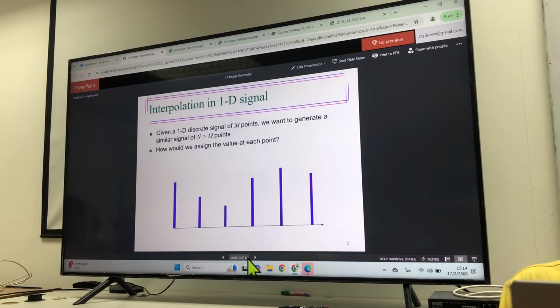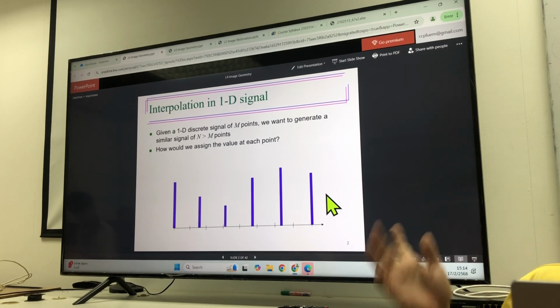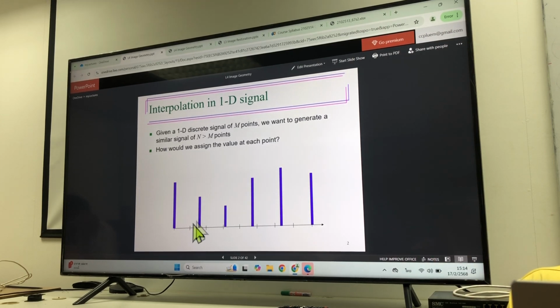So interpolation in 1D. In a 1D signal, for example, you have the gray levels like this. If you want to do nearest neighbor, you want to interpolate at this point. Suppose you got 6 pixels, 6 values, but you want to interpolate into 8 pixels.